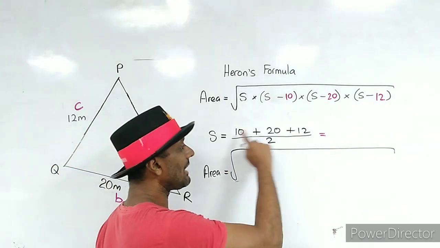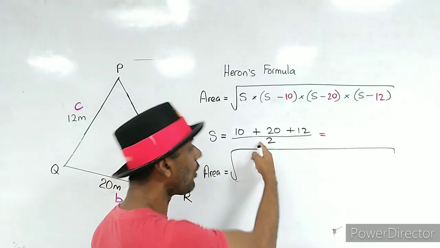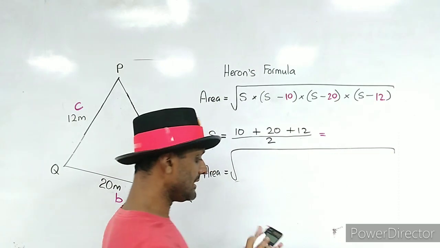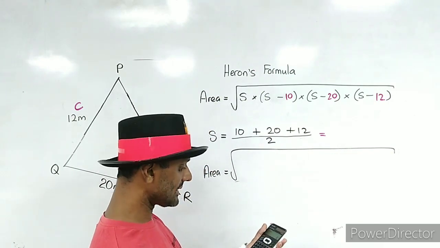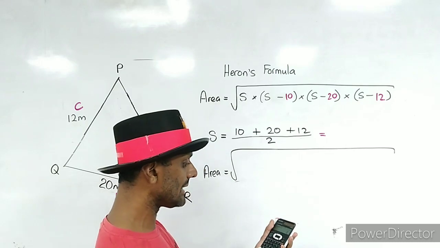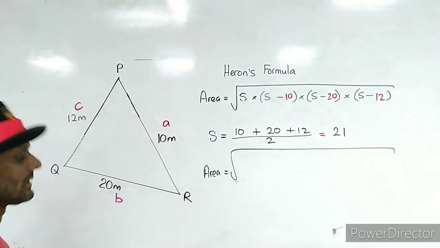Your brain will tell you after you add the 3 numbers to divide by 3. It's a common mistake. You always divide by 2. So let's add it up and divide by 2. 10 plus 20 plus 12. I'm going to get 42 on top and divide it by 2. And that leaves me with 21.